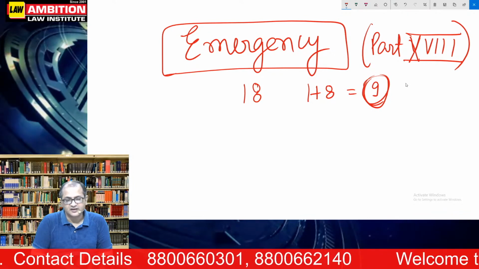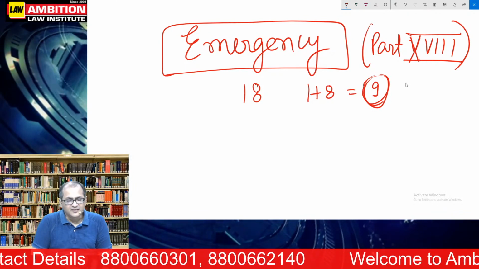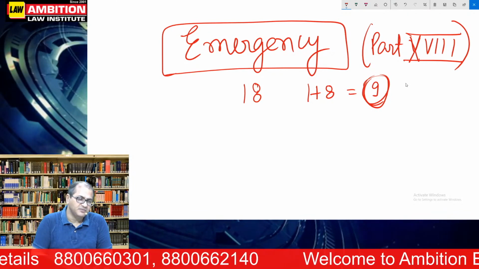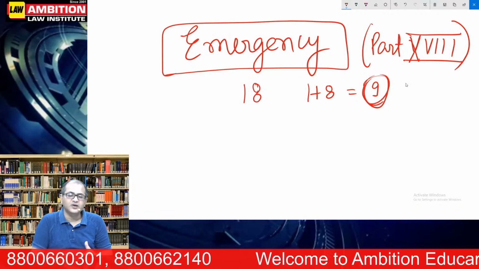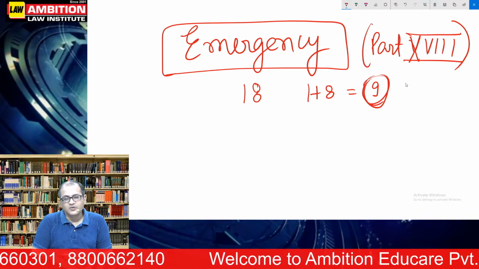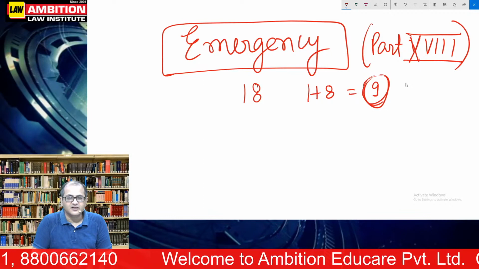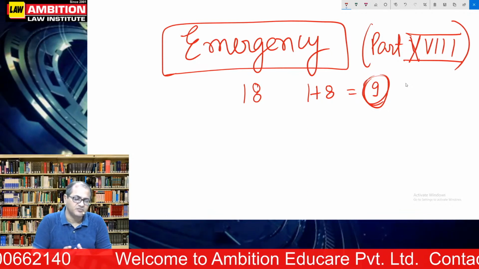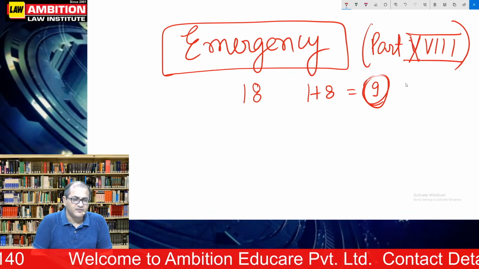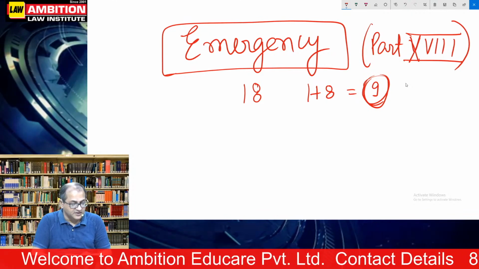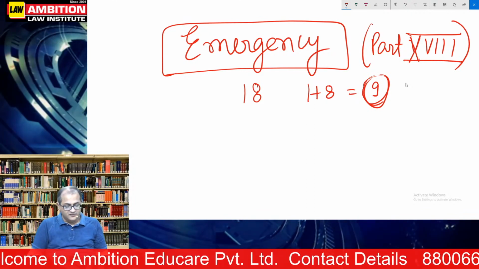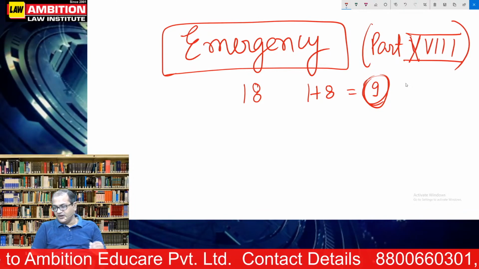We'll talk about that. Let us begin with a reading of Article 352, and as and when required, we'll go into a little bit of history, we'll go into a little bit of future as well, and we'll see how this emergency provision has been effective. But for proper understanding, there are certain questions which can be framed at the outset.